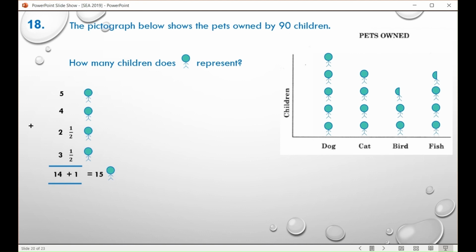The pictograph below shows the pets owned by 90 children. So what we can say is that 15 of these little guys represents 90 children. So how much does one of them represent? 90 divided by 15.